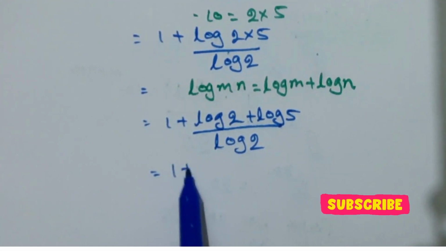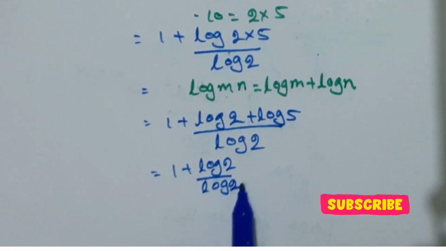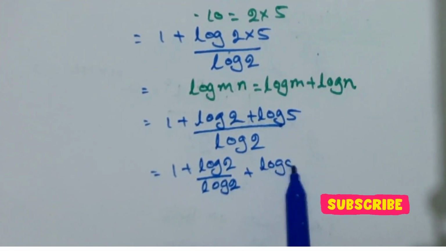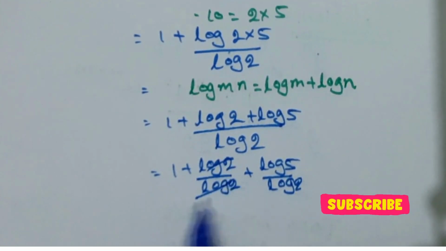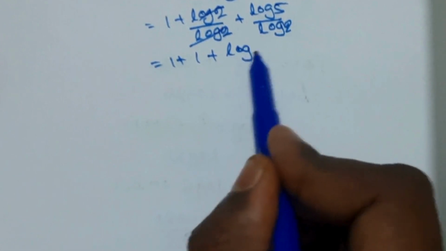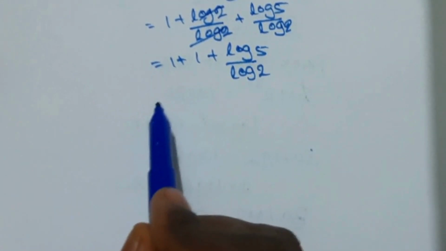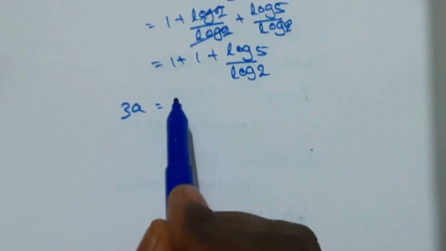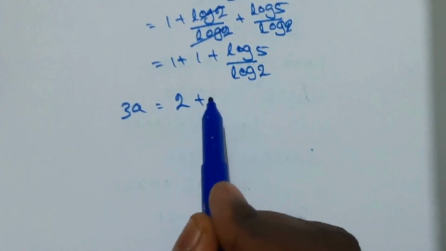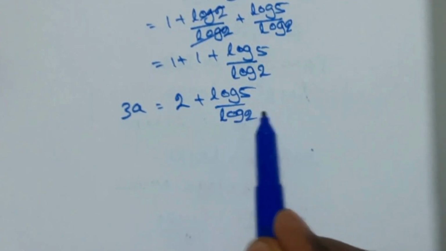Now 1 plus log 2 by log 2 plus log 5 by log 2. This log 2 cancels this. So 1 plus 1 plus log 5 by log 2. So 3a equal to 2 plus log 5 by log 2.